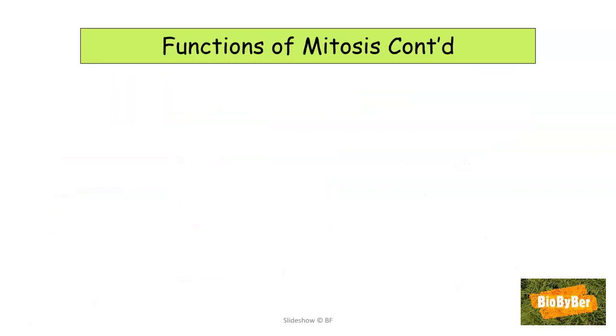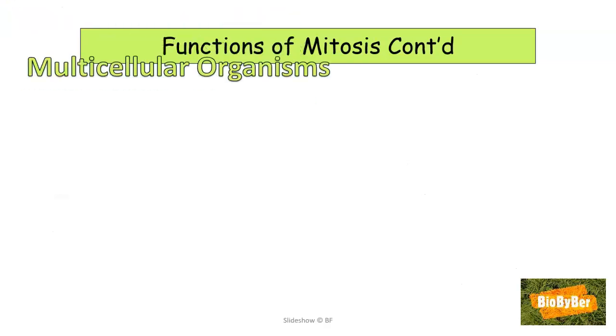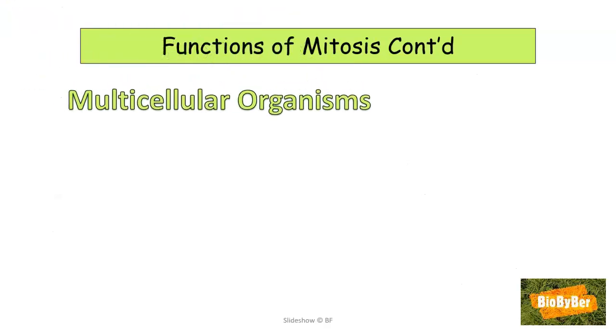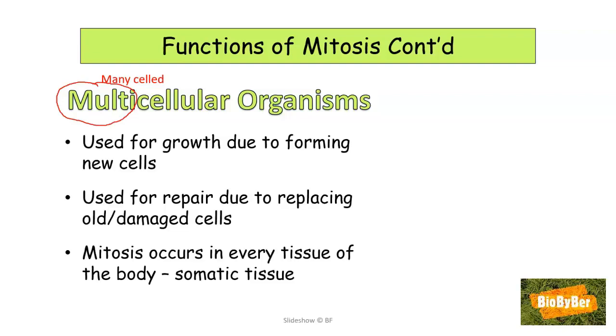Mitosis also has an important role to play in multicellular organisms. Multicellular organisms are many-celled organisms. You've heard of a multi-story car park, a car park with many stories, multi referring to many.